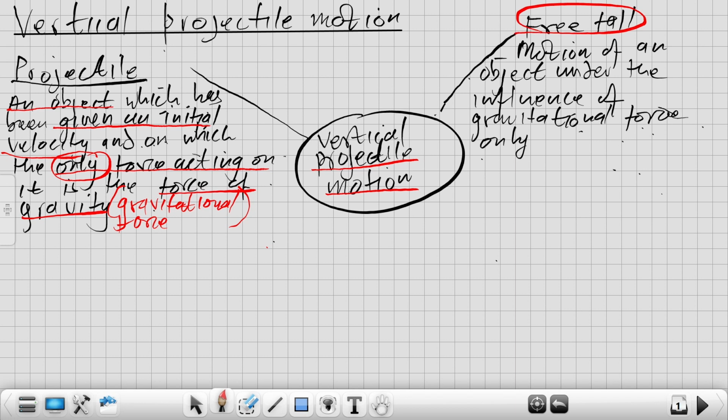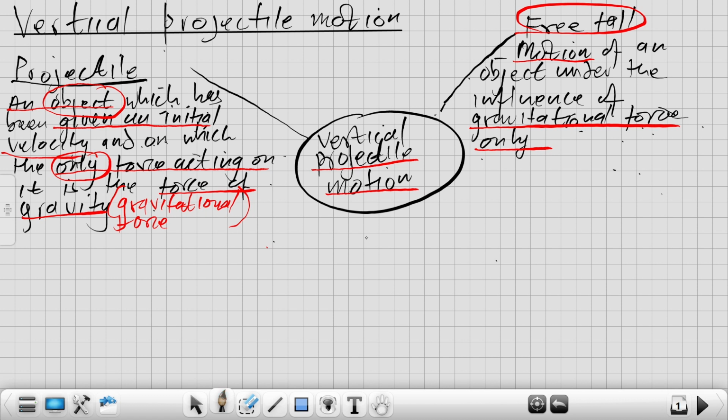So there's a relationship between a projectile and free fall motion. What is the relationship? A projectile is just an object, but a free fall is the type of motion that this object is experiencing. But for us to talk of a projectile and a free fall, the only force acting on an object in that motion must be the gravitational force.